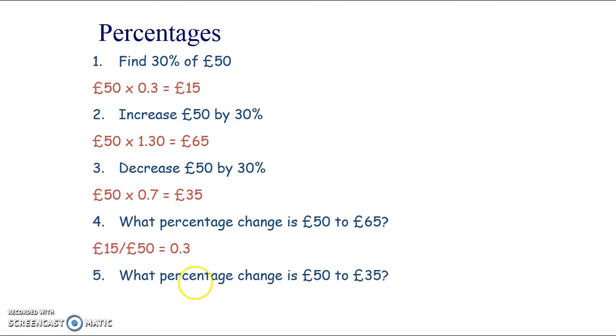And if we look at it going the other way, it's gone from £50 to £35, so that's a £15 change, and the original was £50. So it's actually just the same equation. 15 divided by 50 will give 0.3 or 30%. So if you can understand those percentage changes, I think that's the level of maths really that's needed for these types of calculations.